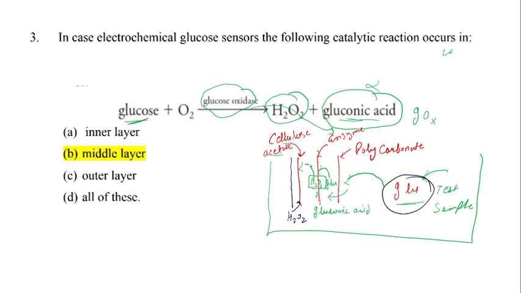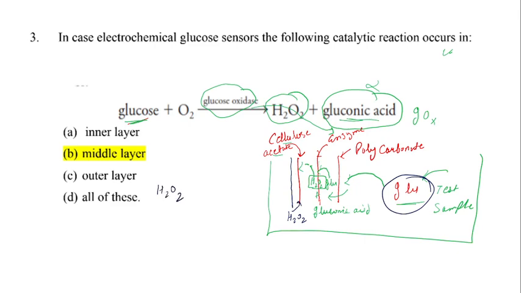This whole calibration is done initially, and by this whole process you are refining your analyte. Initially glucose comes in, then glucose is oxidized to gluconic acid and produces peroxide, and finally peroxide is able to pass the cellulose acetate layer and reach the electrode.